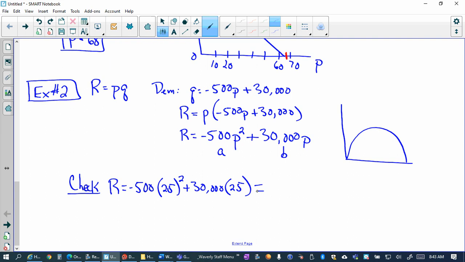Yes, you just plug 25 into the revenue function. The check was just how much revenue they get if the price is $25.